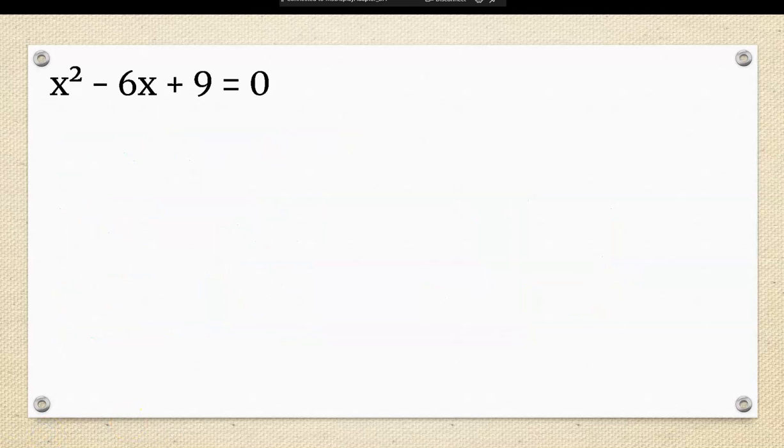All right. Step 1, make it equal to 0. Are we good? It's equal to 0. Great. Basic factoring. I'm going to pause and let you do it. You can do it.